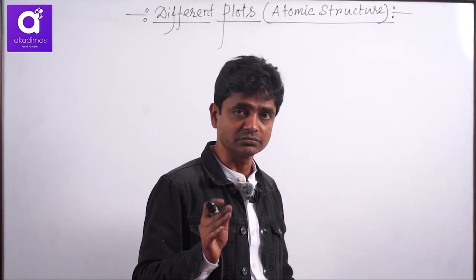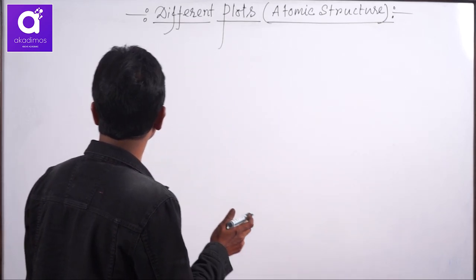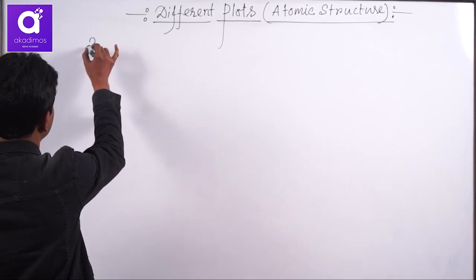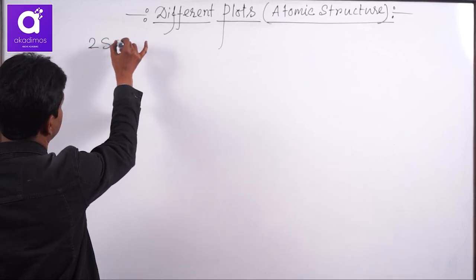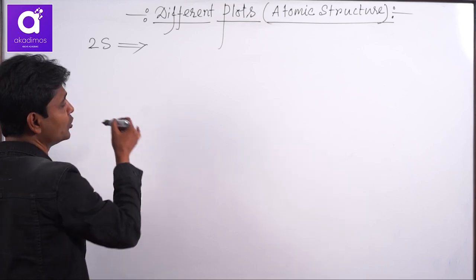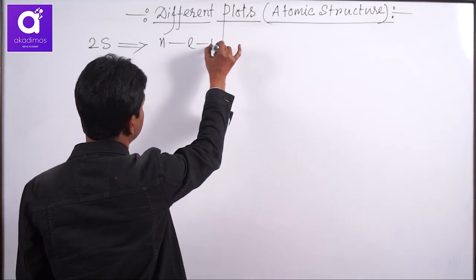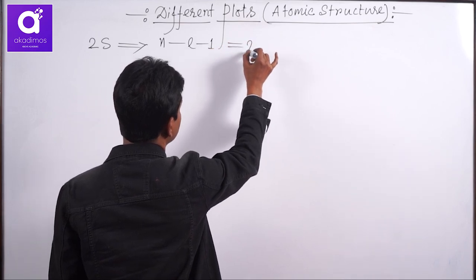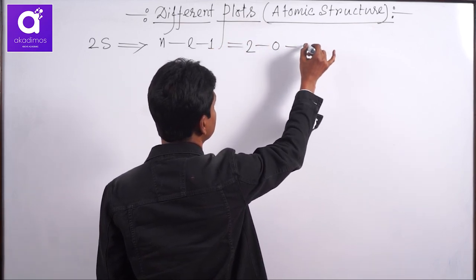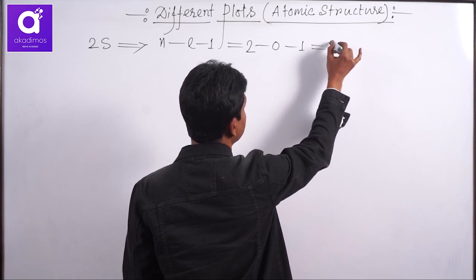Now, I am taking an example, 2s. Here the number of radial nodes, by the formula n minus l minus 1, with n equal to 2 and l equal to 0, is 1. There you will get 1 node.